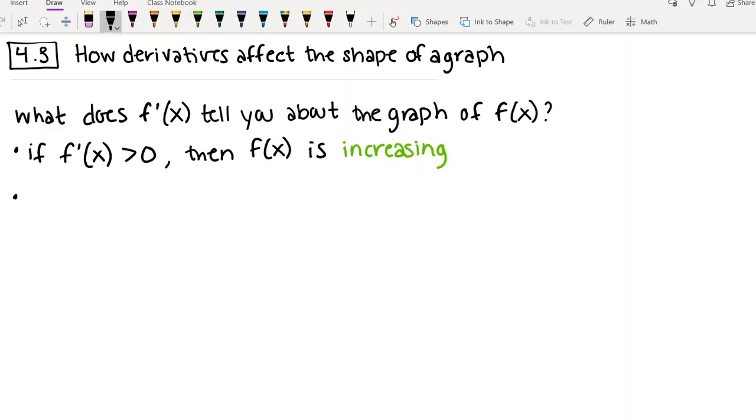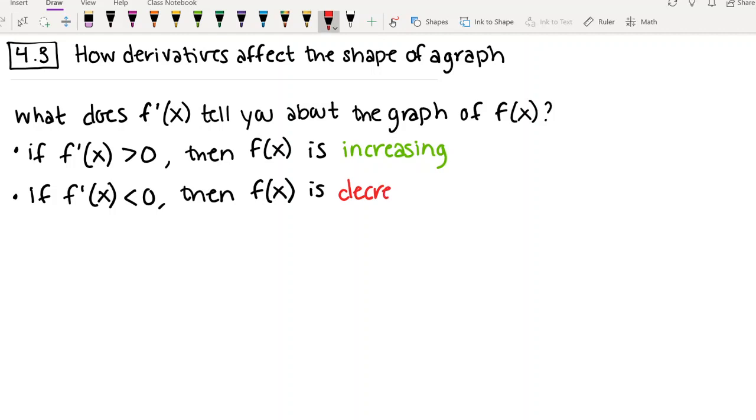And then we've seen that if f prime of x is negative, then your original function f of x is decreasing. It's going down from left to right. Typically when we've written down this list, we've also talked about what happens when f prime of x equals 0.